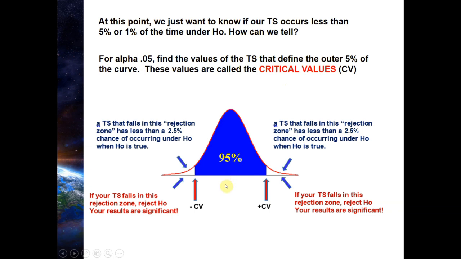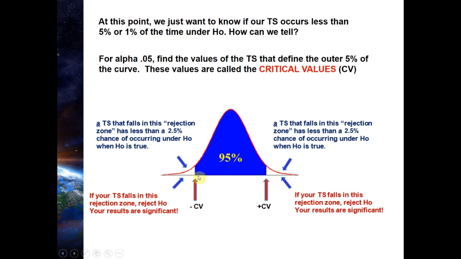Another way of saying this is we're going to find out which values of the TS, there's going to be one here and one here, that define the middle 95% of the curve, right? This kind of looks like Z. Remember we talked about Z distributions, and we said, what would be the Z scores that define the middle 95%? And you said they're minus 1.96 and plus 1.96.